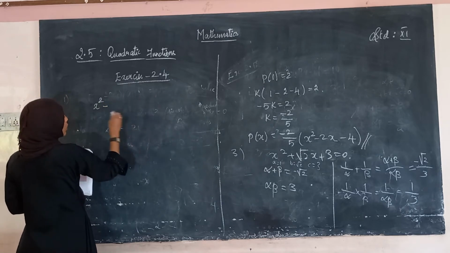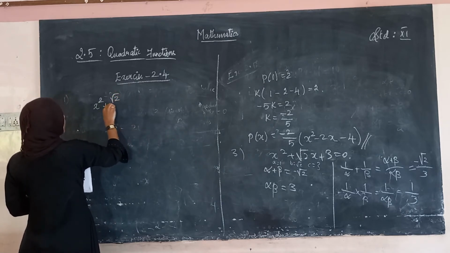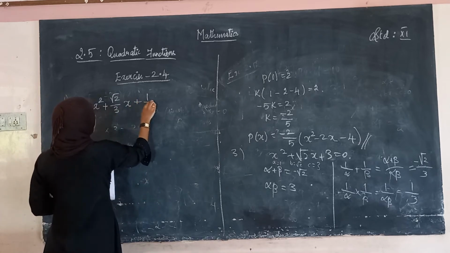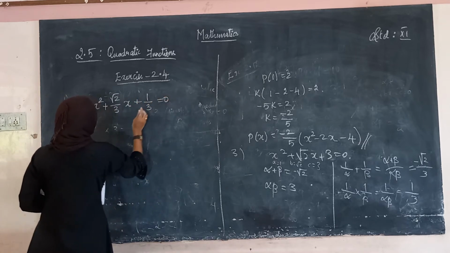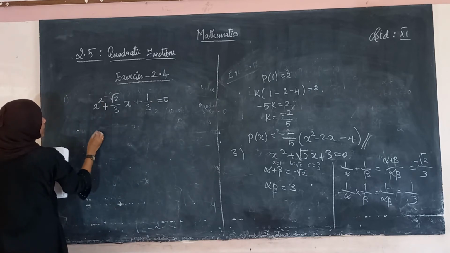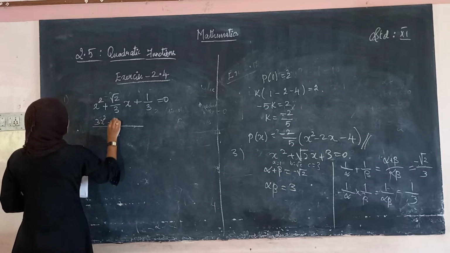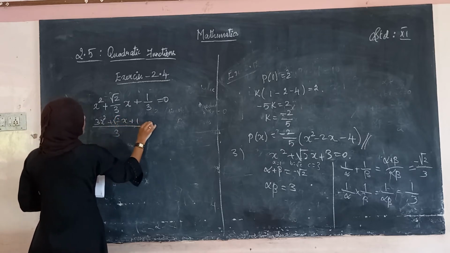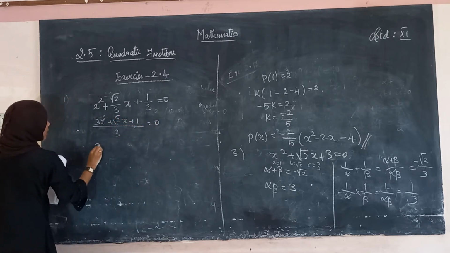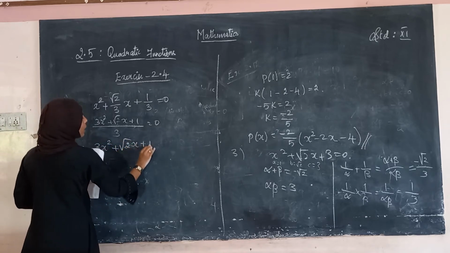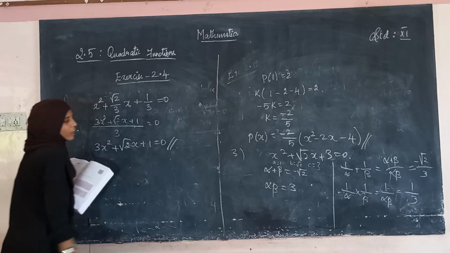Minus root 2 divided by 3, so minus of minus gives plus root 2 divided by 3 into x, plus the product of the roots, plus 1 divided by 3, is equal to 0. We can simplify this by taking LCM: 3x squared plus root 2 into x plus 1 equal to 0. The required equation is 3 into x squared plus root 2 into x plus 1 equal to 0. This is the required equation.